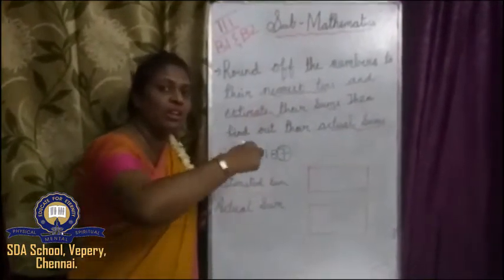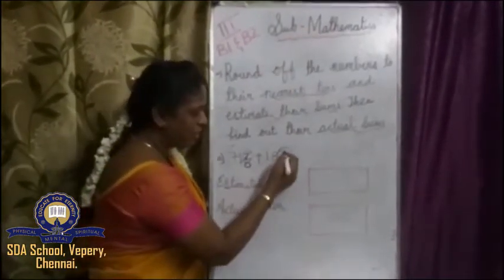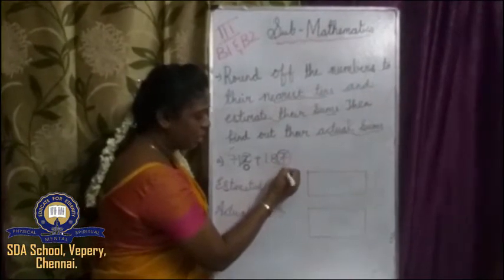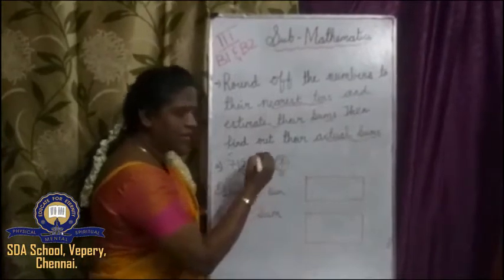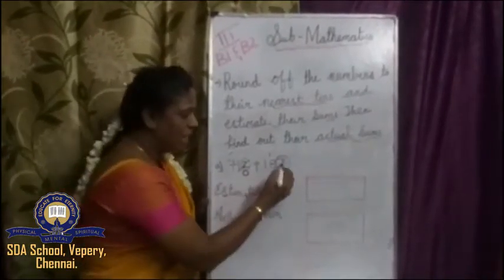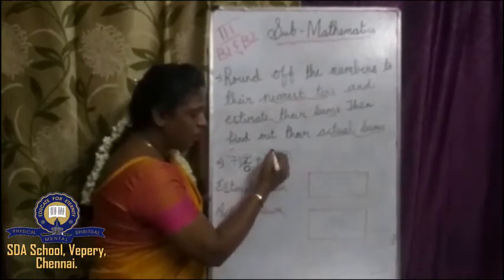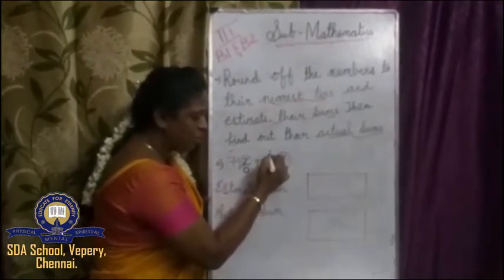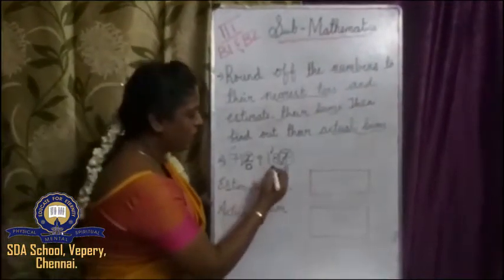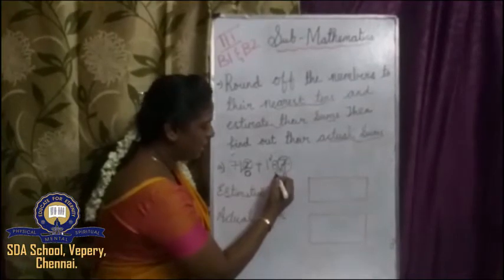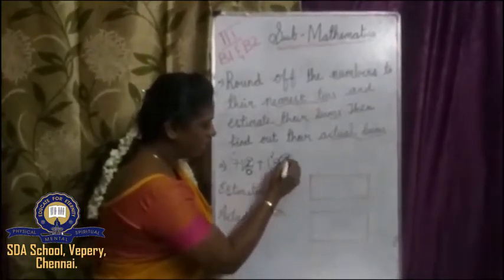That is called rounding up. So 7 will become 0, and in the tens place you have to put 1 more. Understood, children? In the ones place you cancel and put 0, but in the tens place you add 1. Now it will become 190.